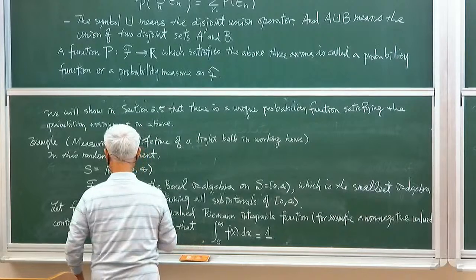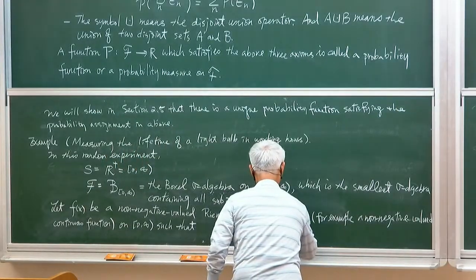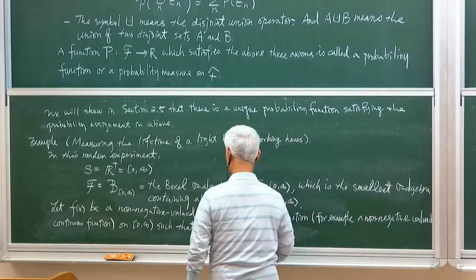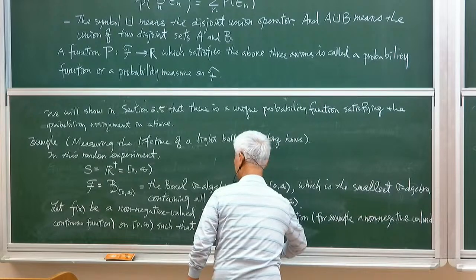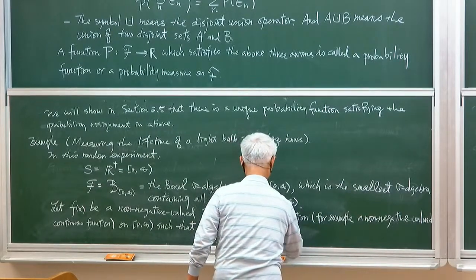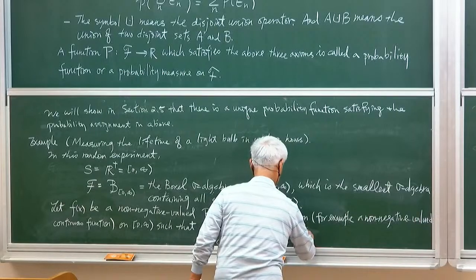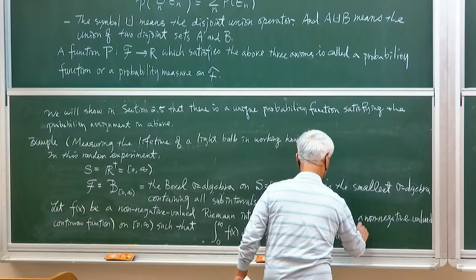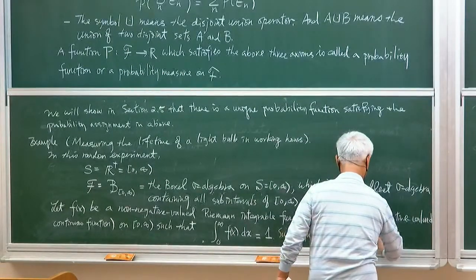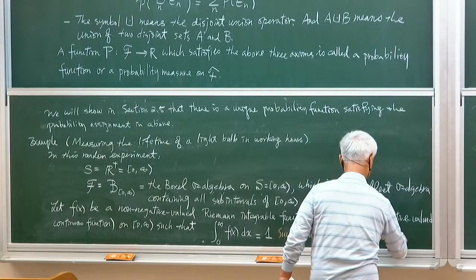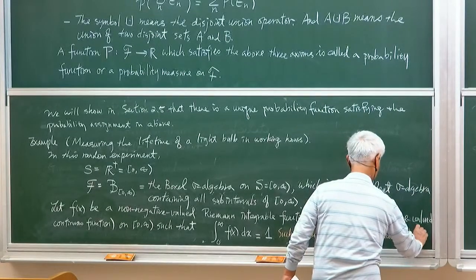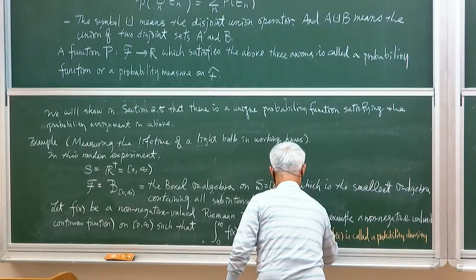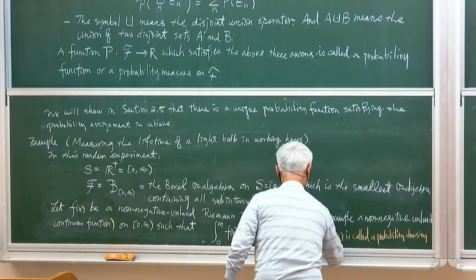I have made a remark: f of x is called a probability density function on this semi-infinite interval.